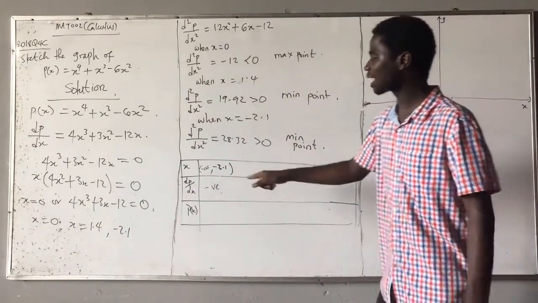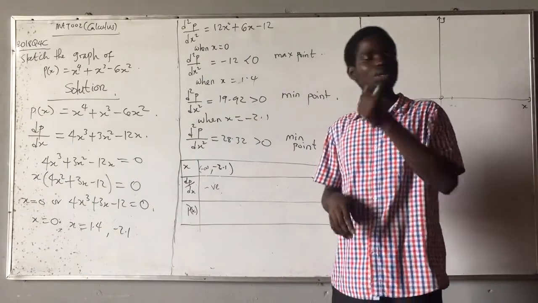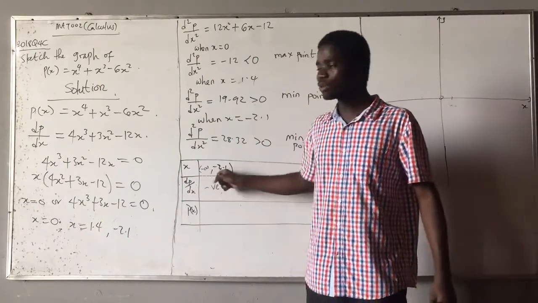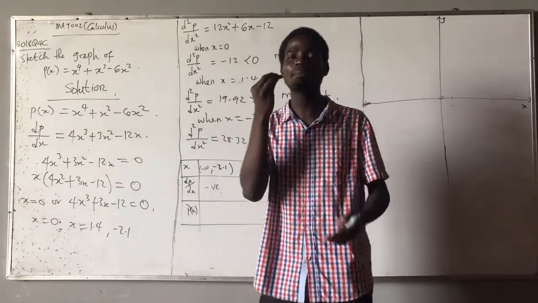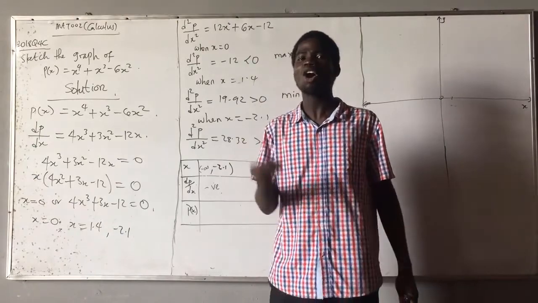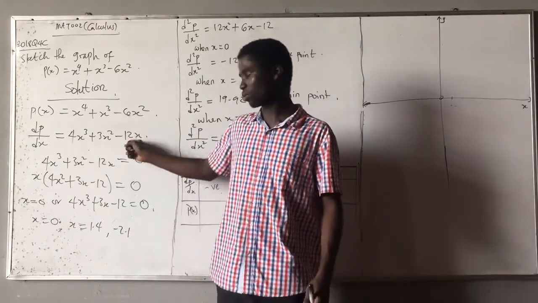You then check whether the PDS is always positive or always negative there. Pick any value here, put it inside the PDS and see whether you get a positive or a negative answer. If you put in minus 2.1, it will give you 0.